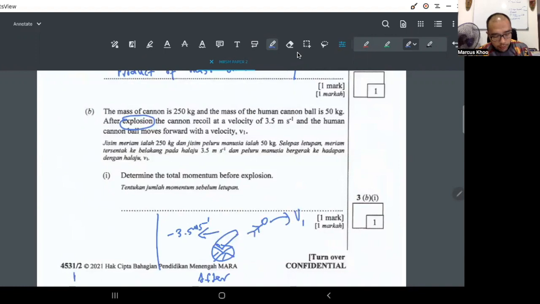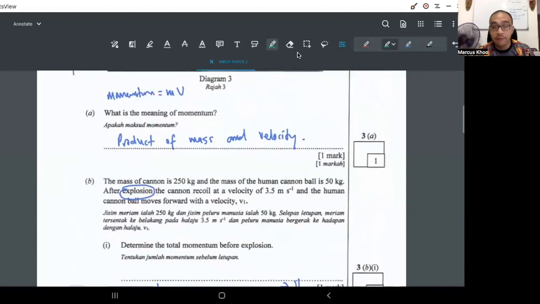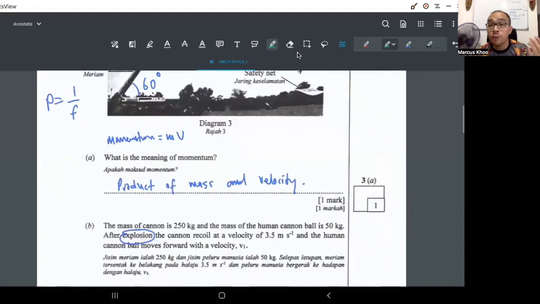So what happens before? Before, both the cannon and the guy are stuck together, and they are both not moving. If they are both not moving, it means both of them have no velocity. And if they have no velocity, it means they have no momentum.